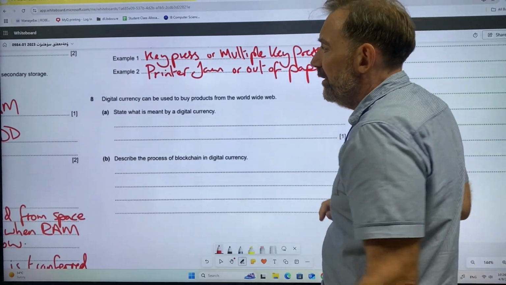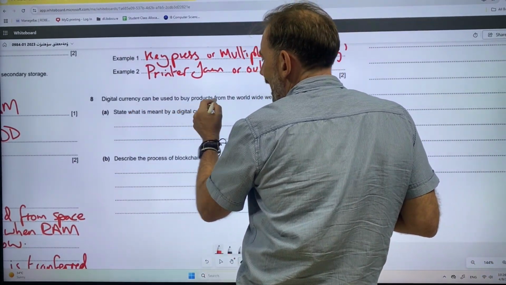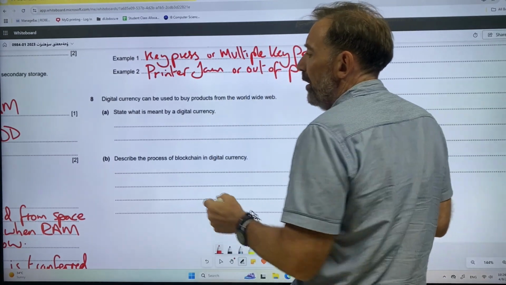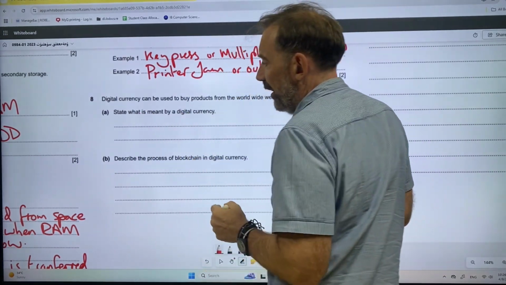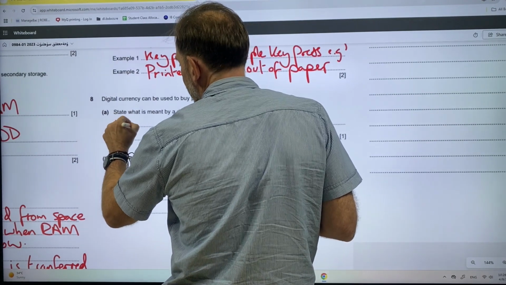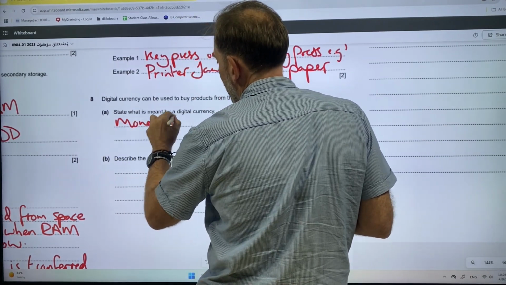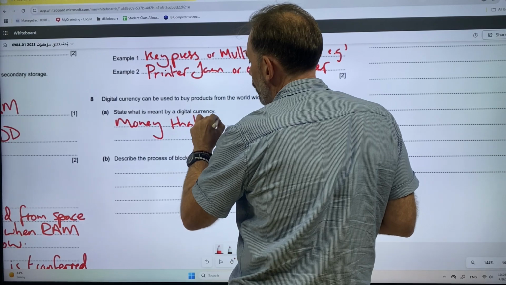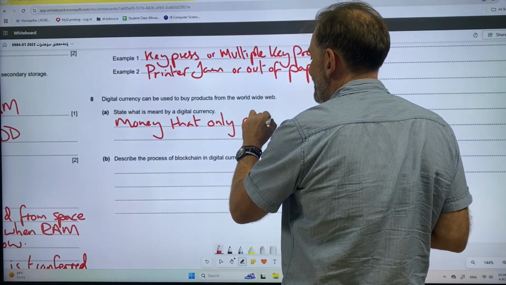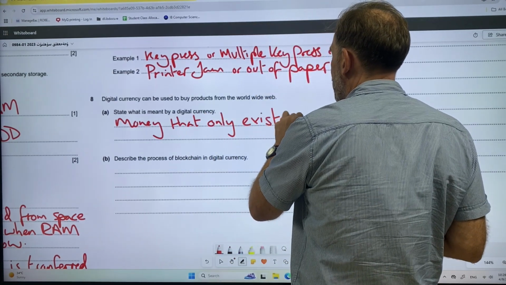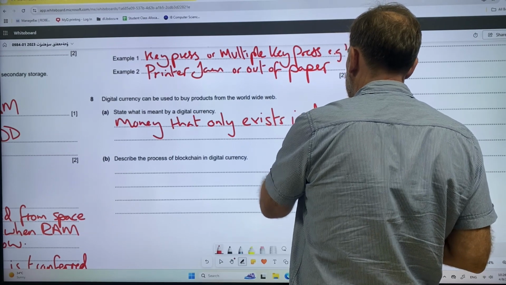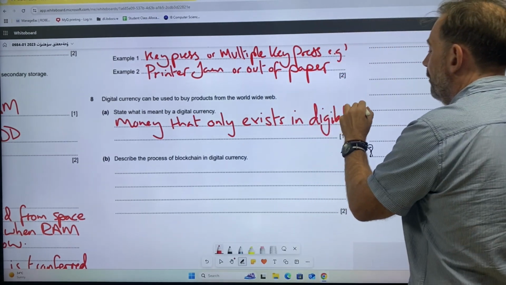Okay, question 8. Digital currency can be used to buy products from the World Wide Web. State what is meant by digital currency. Well, it's basically money that only exists in digital form.